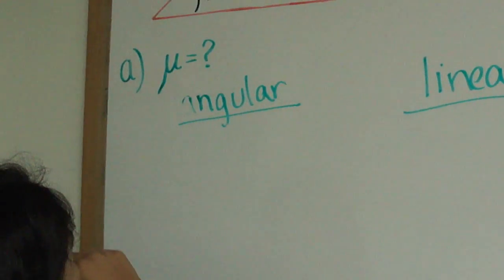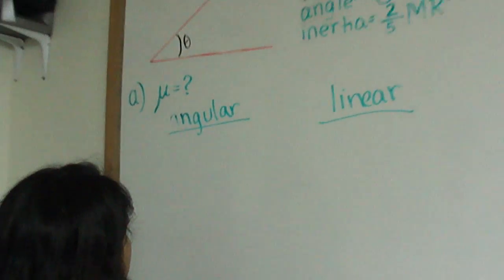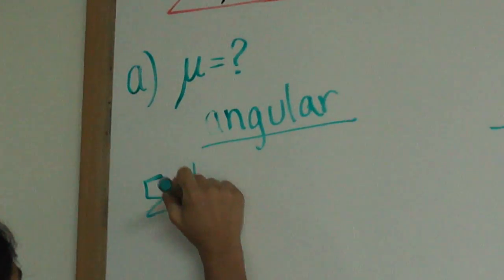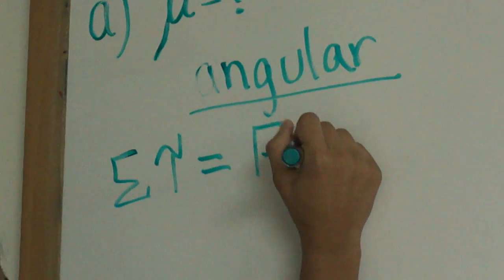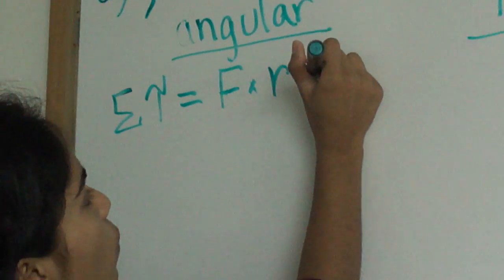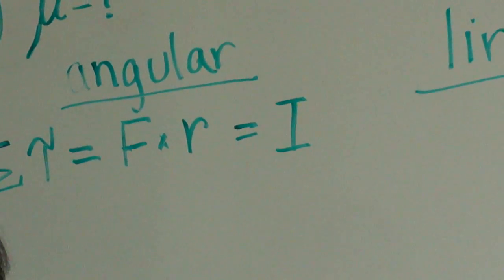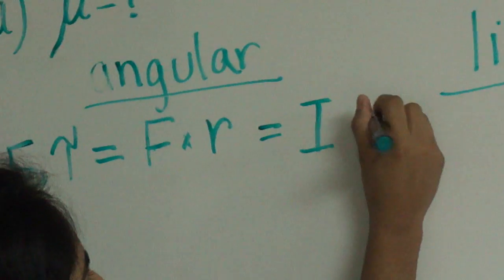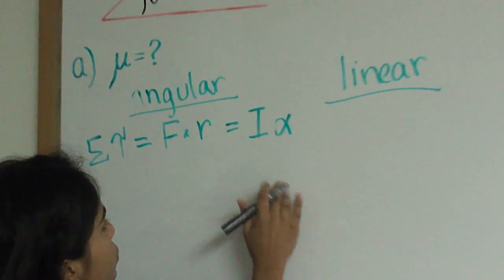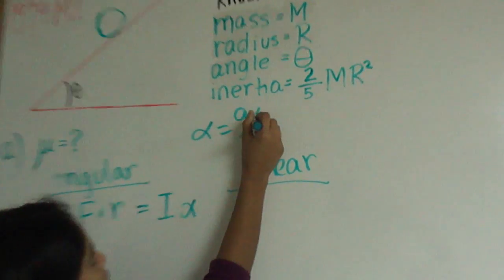When we're trying to look for friction, we know that there will be torques and forces involved. So torque falls under the angular category, and we know that if we sum up the torques, we'll have the cross product of force times radius, which is the moment arm, which is also equal to the rotational inertia multiplied by alpha, the angular acceleration, and we also know that alpha equals acceleration divided by the radius.